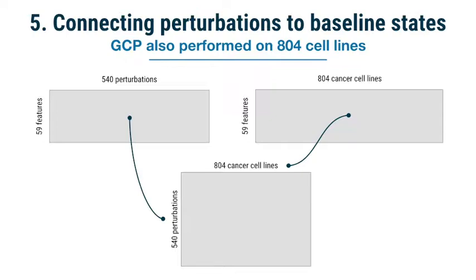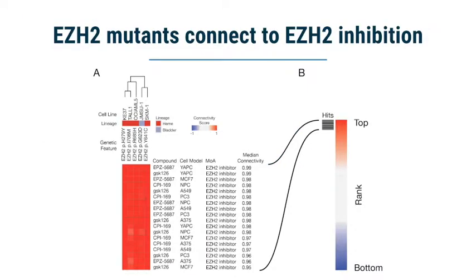So as an example, we'll look at EZH2. EZH2 is a lysine methyltransferase. And we have 5 cell lines that have a mutation in EZH2. These are all point mutants. And if you ask what are the perturbations that most connect to those mutants, the top 18 results are EZH2 inhibitors.